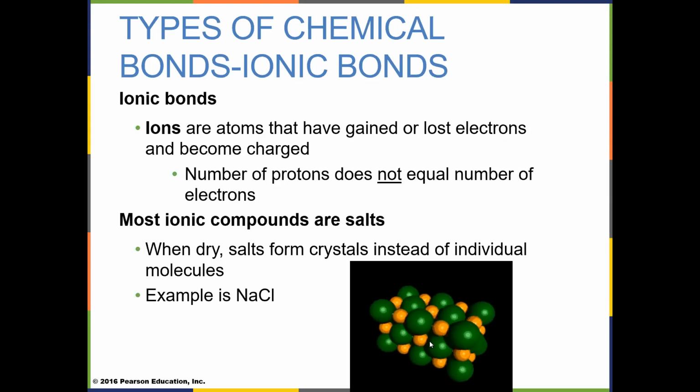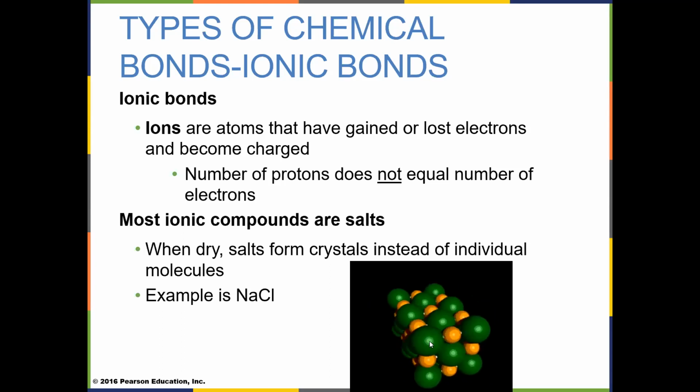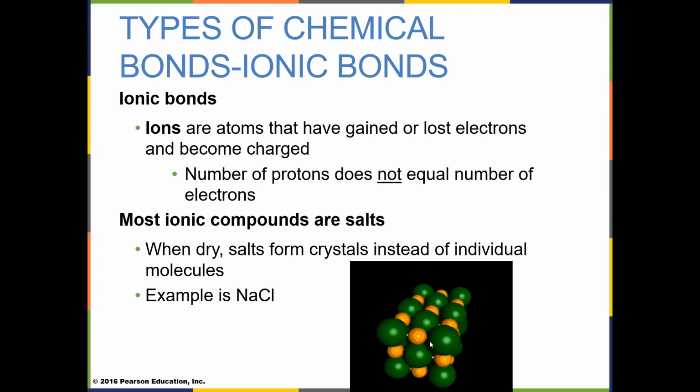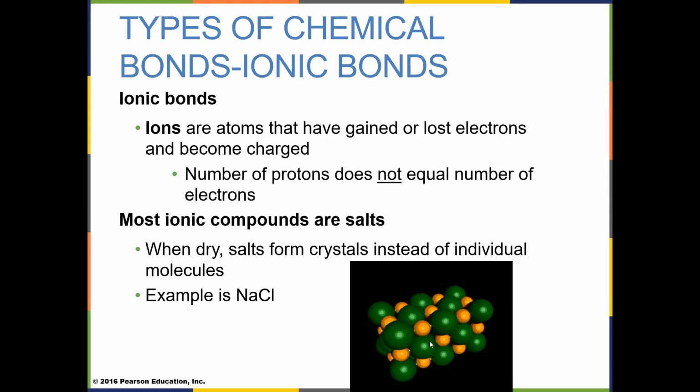And you have sodium and you have chlorine ions floating around in solution. Can't see it because it's a solution, it's transparent. Those ionic bonds have broken. Now, as soon as the water evaporates, the salt will crystallize as the ionic bonds reform. So they're easily broken, but they're easily formed.